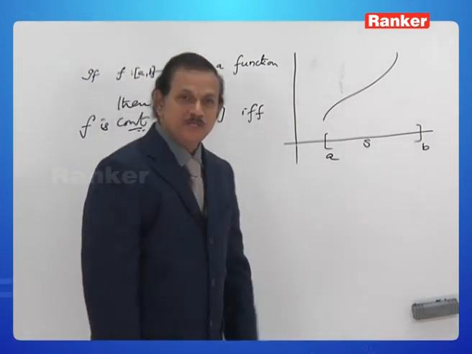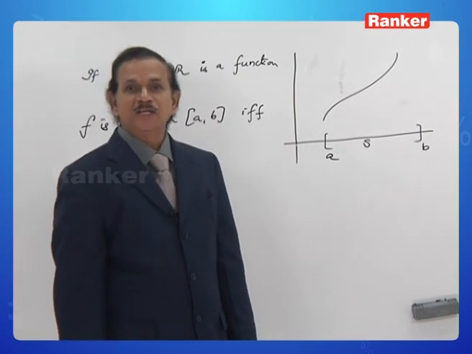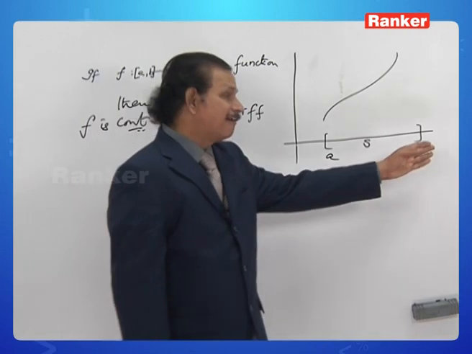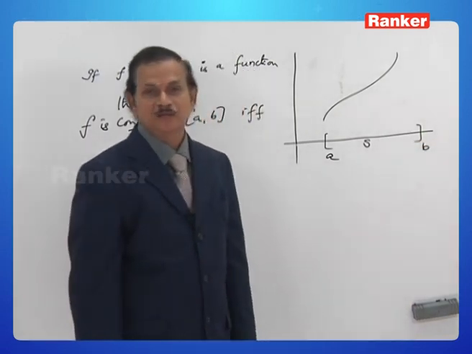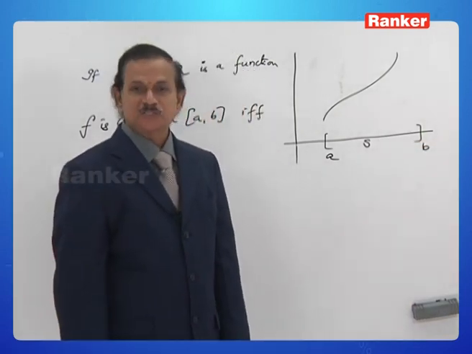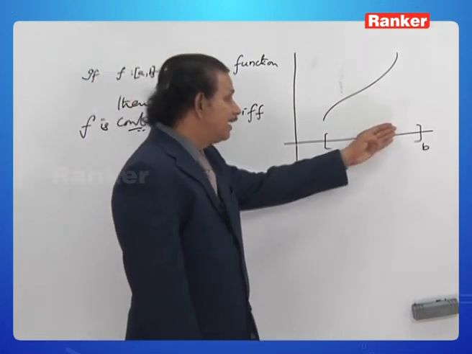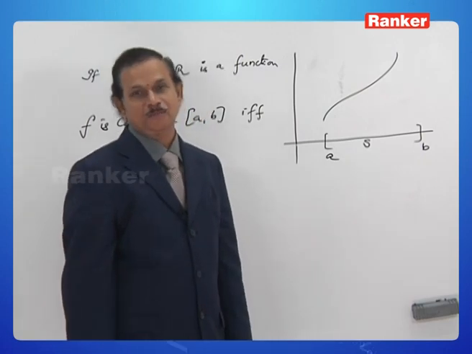Similarly, at b, you have no meaning at all for the region to the right of b. It is not included in the domain. So you can anticipate only left continuity at x equal to b.